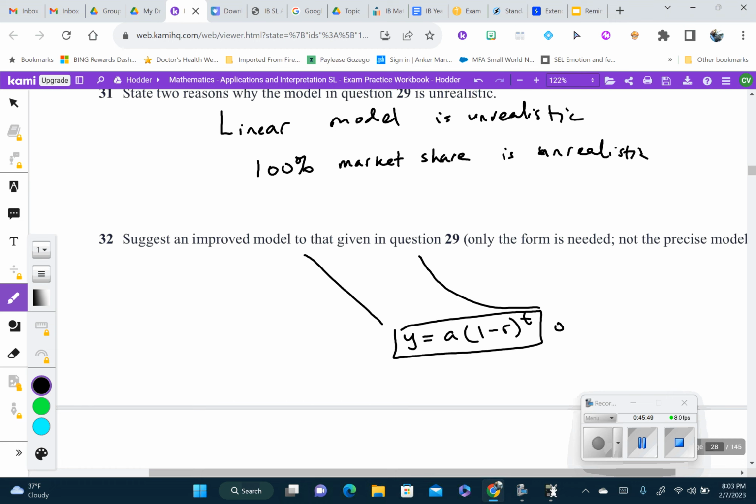Or you could be more specific and say y equals c minus a to the negative x because we want it to decay, and you can say that c has to be less than 100. That could be an improvement.